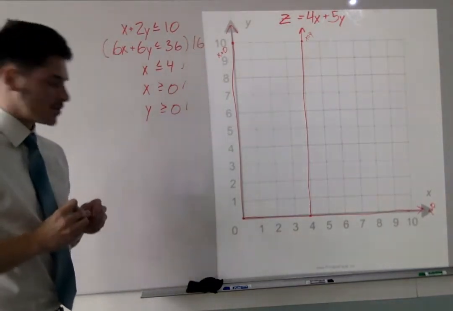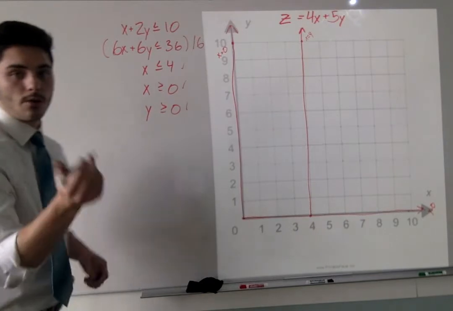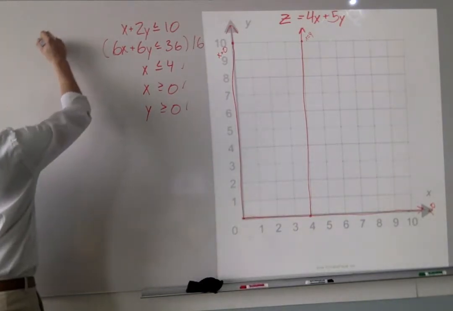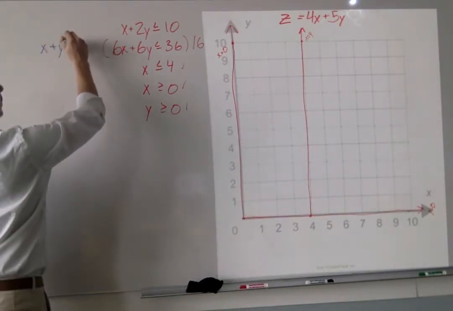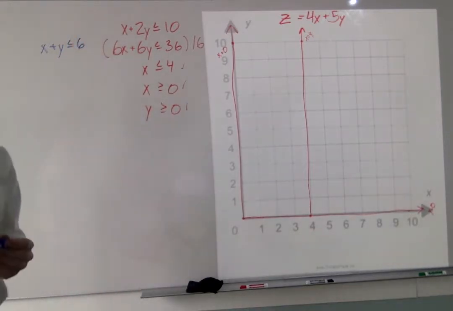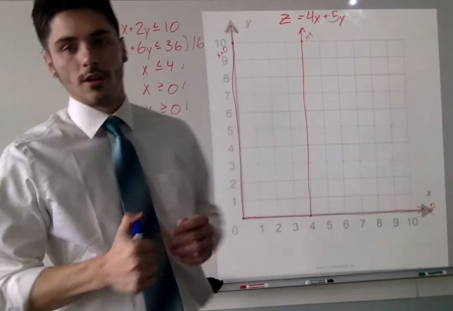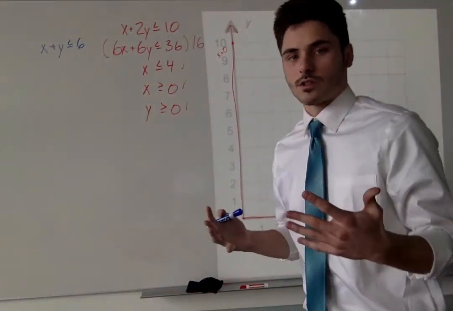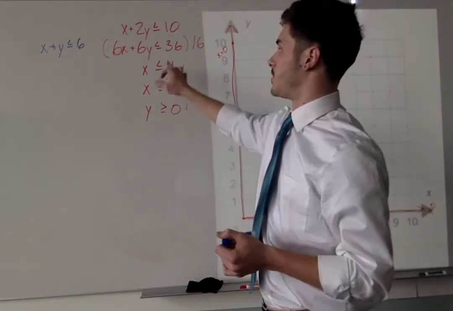And that equation now gives us, I'll write it in blue right next to it, x plus y is less than or equal to 6. And that one's super simple. It's clearly not as complicated looking as this one.